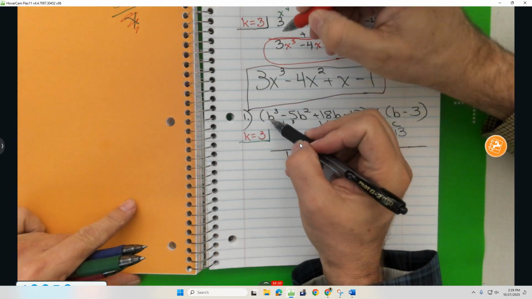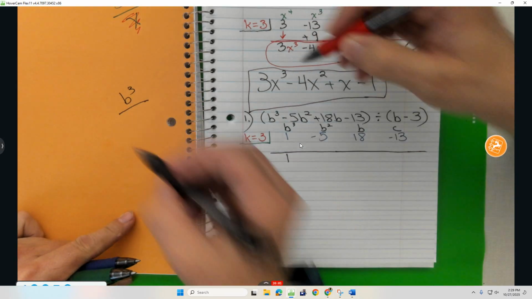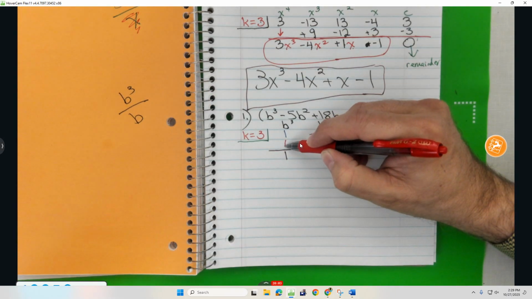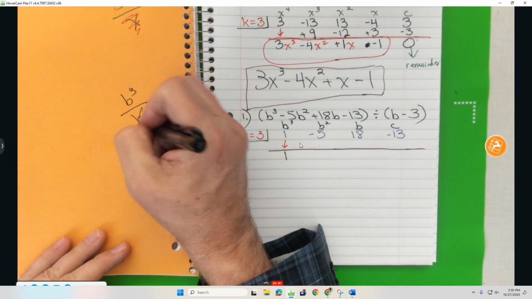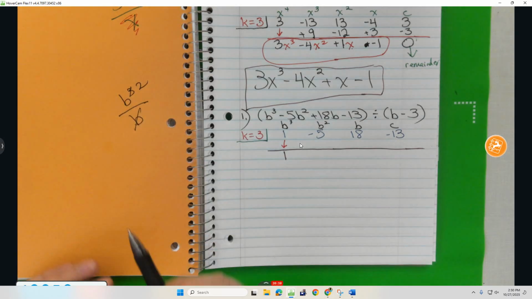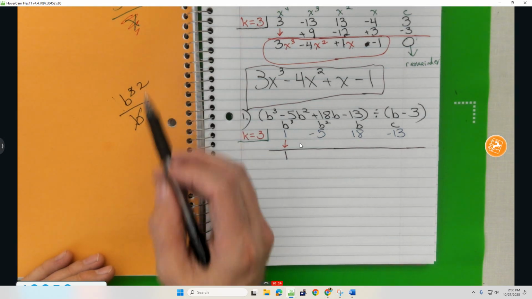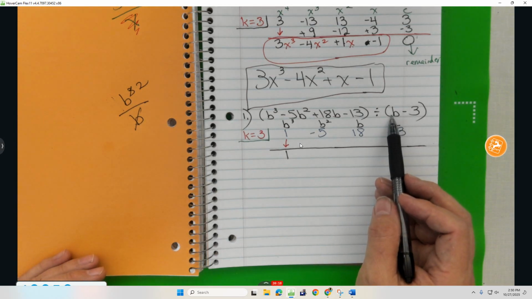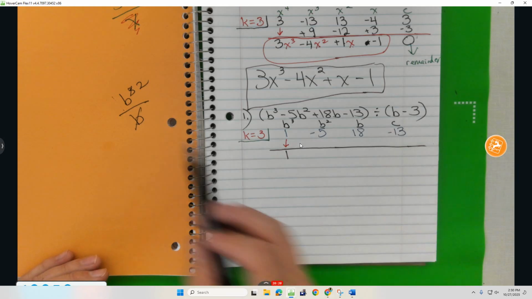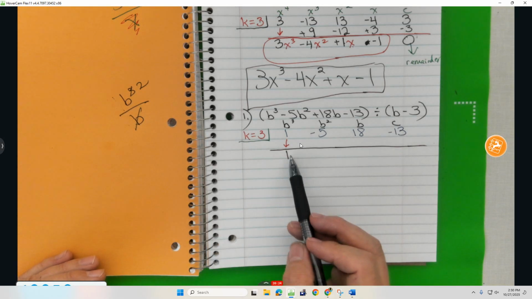You have a b cubed divided by a b to the first power. You cancel a b above and below, and that gives you a 1b squared. The leading coefficient in the divisor is always going to be a 1, and so whatever number's there, that's what you bring down.